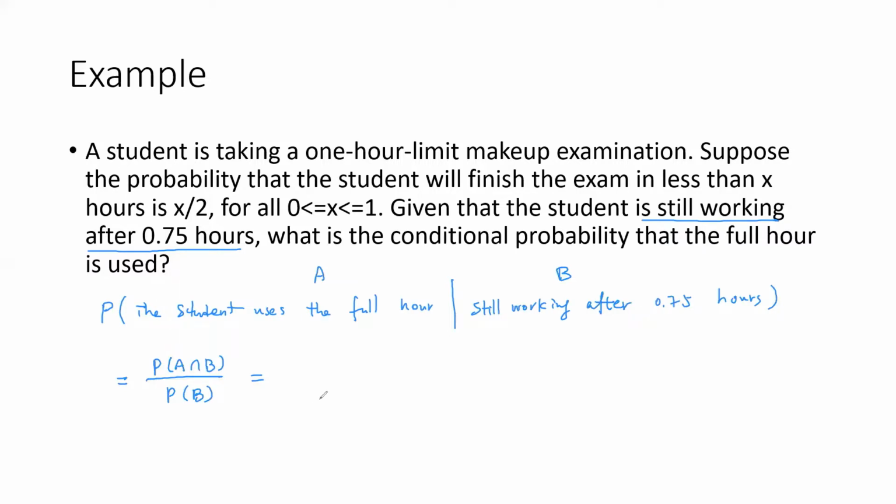That is actually 1 minus 0.75 over 2. The reason is that this is the probability the person would finish the exam in less than 0.75 hours, but the student's still working, so he didn't finish at that time.